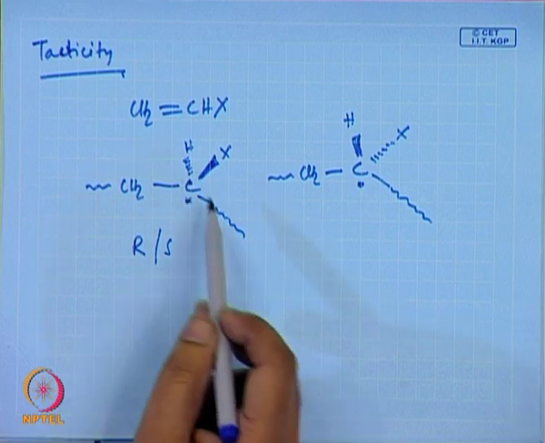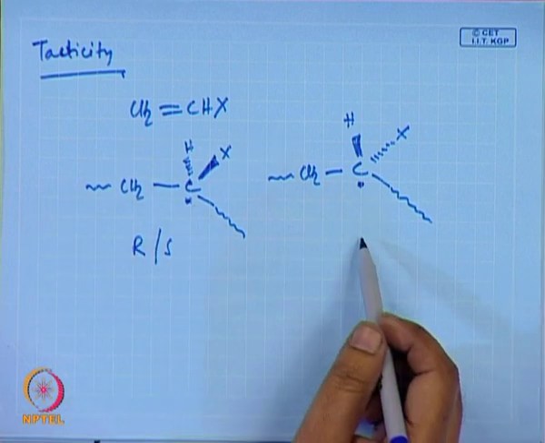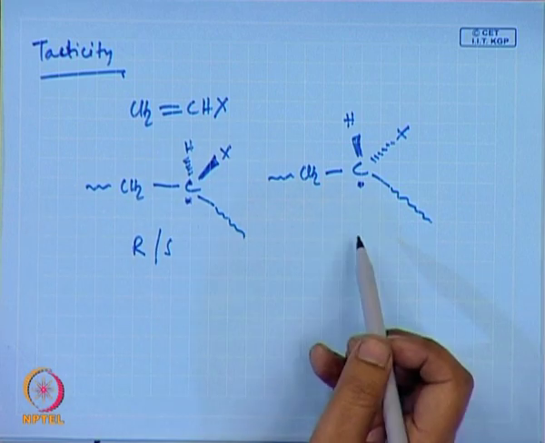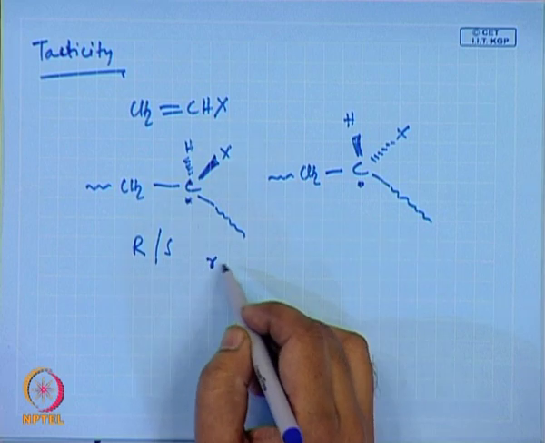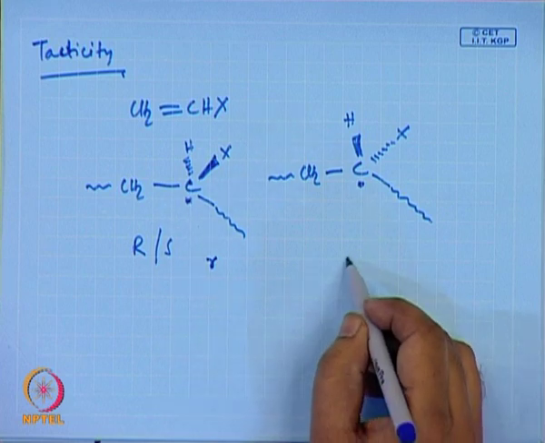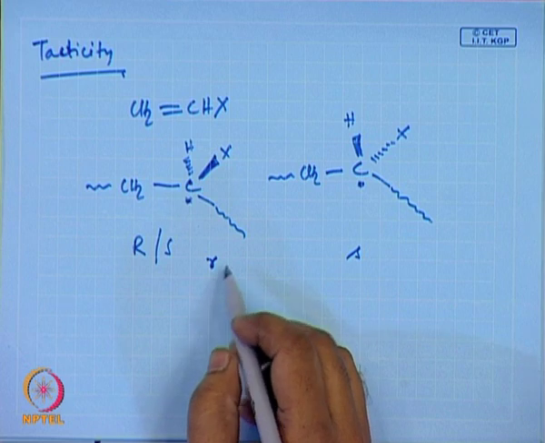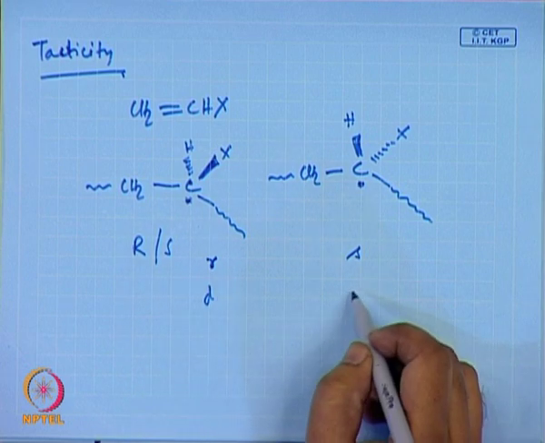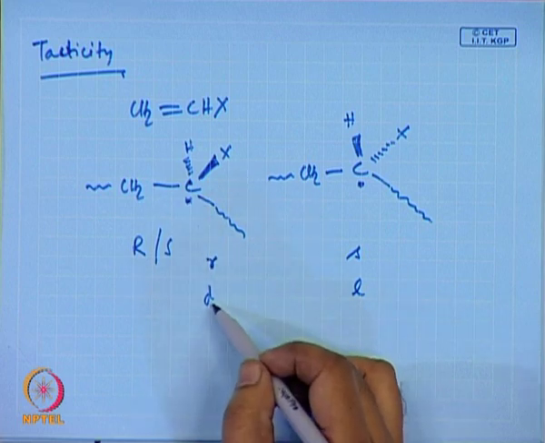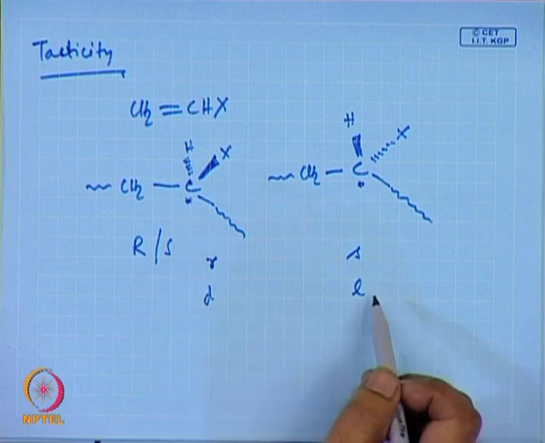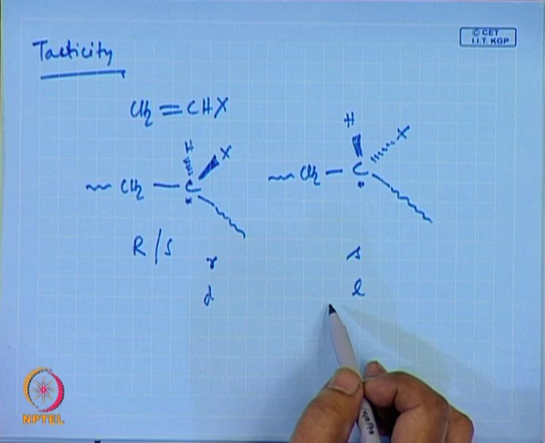So, we do not know from this structure whether this is R or S, but at least we know if this is R, then this will be S, or if this is S, it will be R. To avoid confusion, sometimes it is written as lowercase r, and sometimes as S, and some people also prefer to write D and L. If it is D then the other is L, if it is L then it is D. So, these are the other types of nomenclature we use.